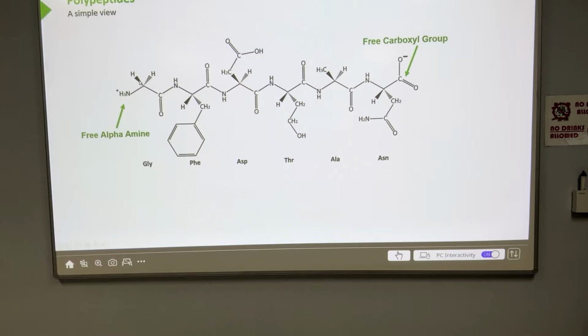One is originally terminal and the other one happens to be the R substituent is also hydrogen. Glycine. And you see this one is phenylalanine, this one is aspartate, that one is threonine, that one is alanine, and you see that's a long chain.